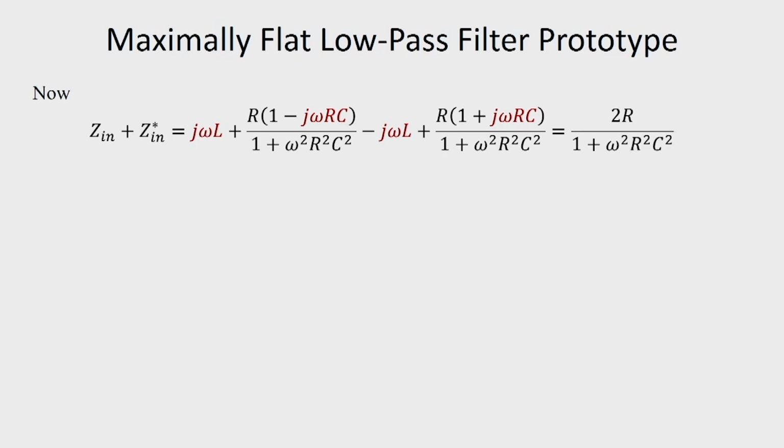Now, if we substitute the expressions for Zin and Zin conjugate, we get Zin plus Zin conjugate is equal to 2 R divided by 1 plus omega square R square C square.